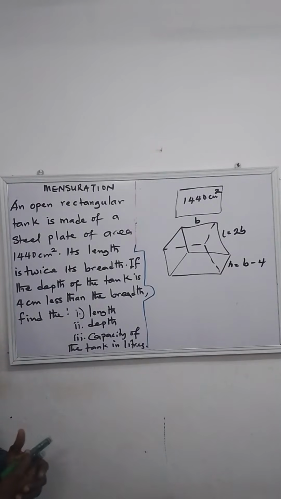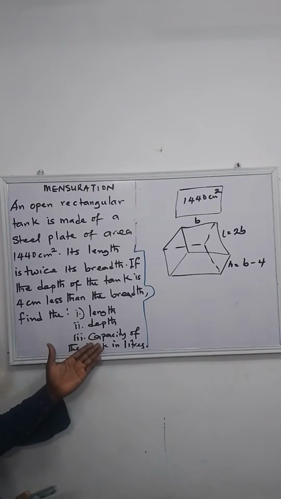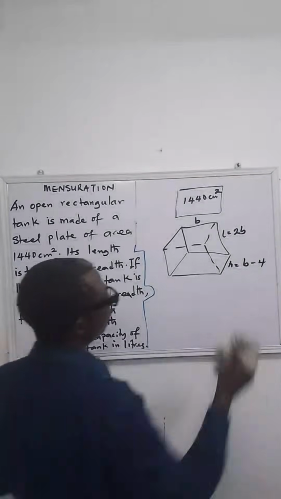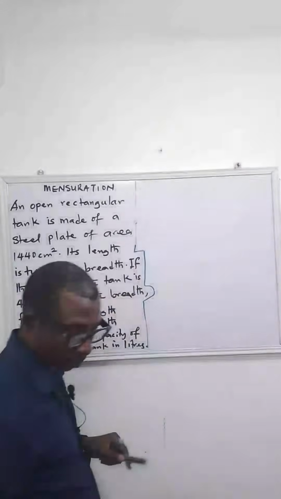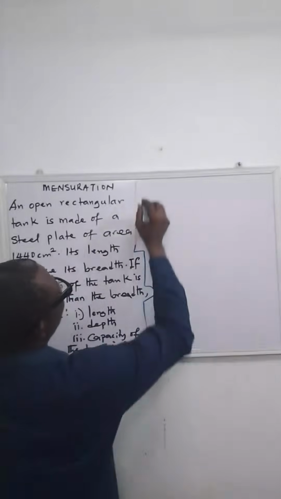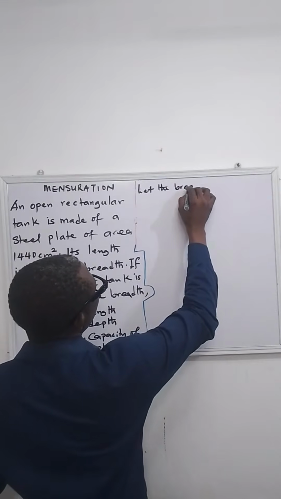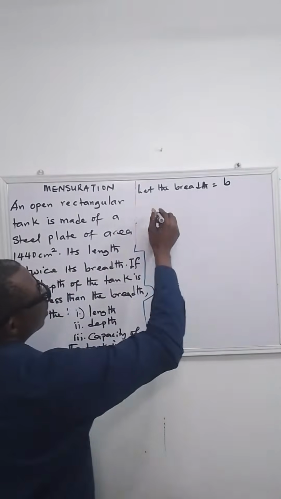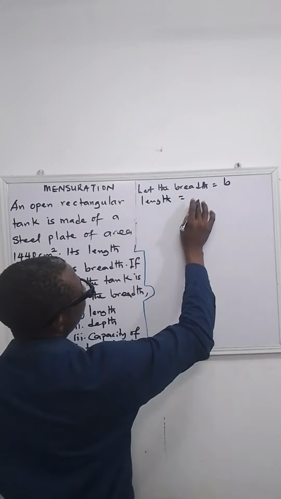All right, so that's what the question is talking about. So we want to get the length, the depth, and the capacity of the tank. Okay, so now with this, we can say let the breadth be equals to b. So if the breadth is b, that means length will be what?